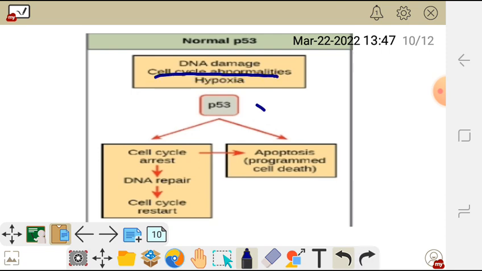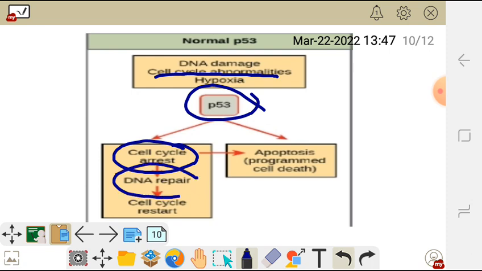Then p53 will arrest the cell, it will stop the cell, and then the damage in the DNA will be repaired. After the DNA has been repaired, the cell will proceed to another stage of the cell cycle, or the cell cycle will restart. So that's what it does.